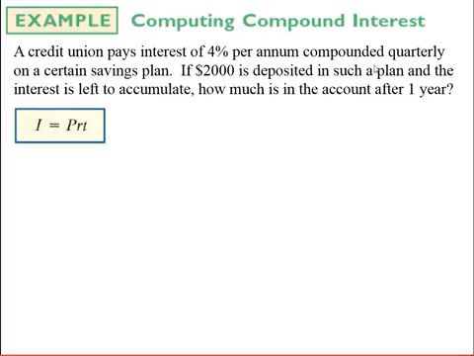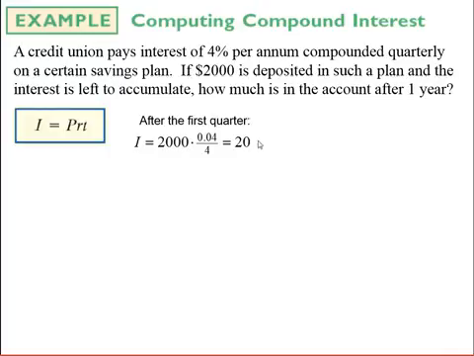So in the first quarter, we're going to earn 4%. And that's that $80 that we talked about. So I'm going to take the 4%, break it into a quarter, and I'm going to apply that at the end of the first 3 months, and that's going to give me the $20, right?